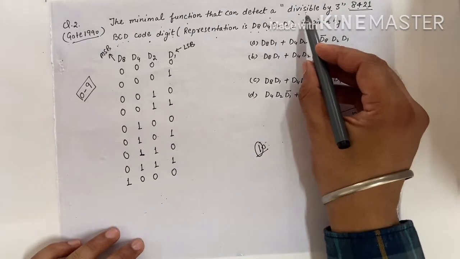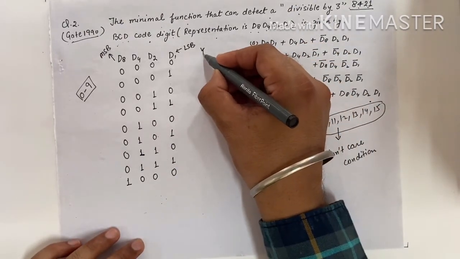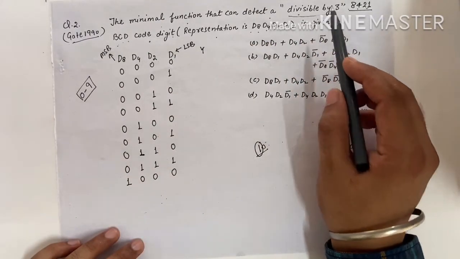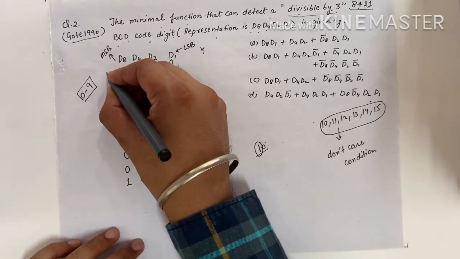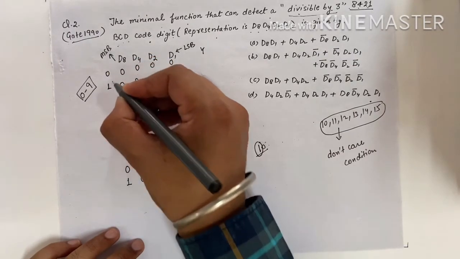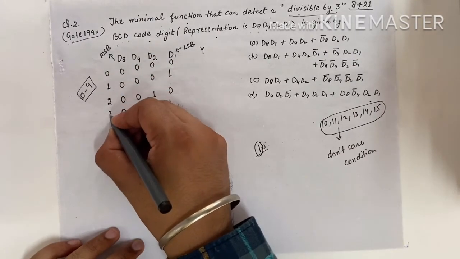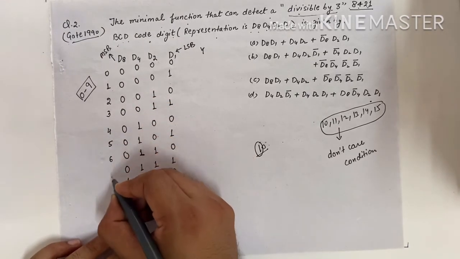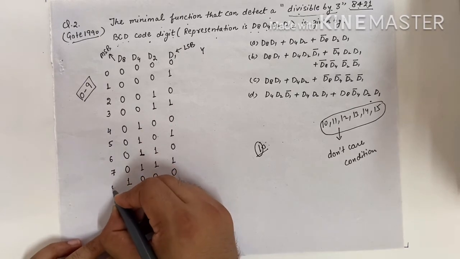Now we have to write the function Y. In this we can say whether the number is divisible by 3. We have seen this is number 0, this is 1, this is 2, this is 3, this is 4, this is 5, this is 6, this is 7 and this is 8.